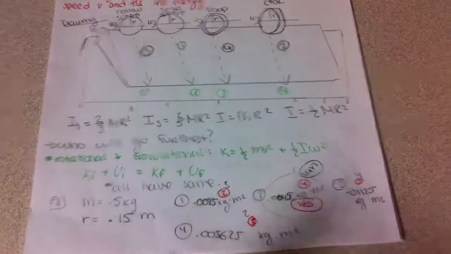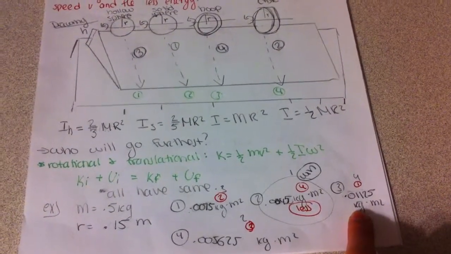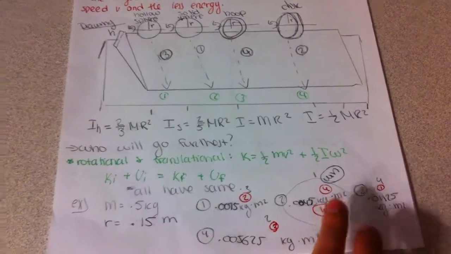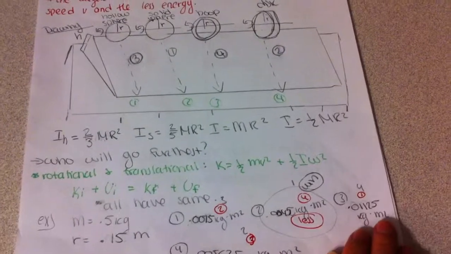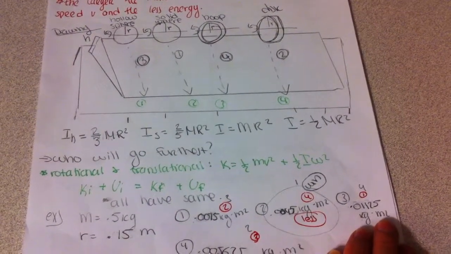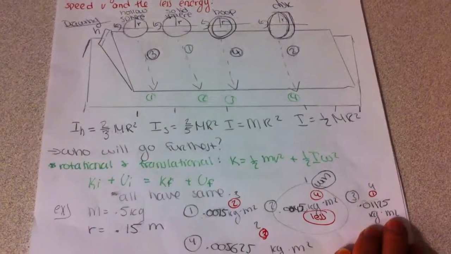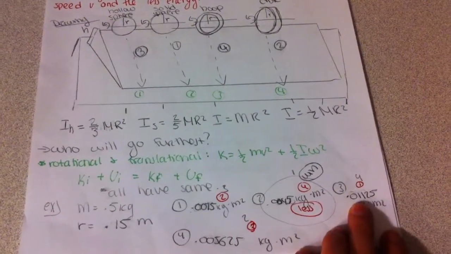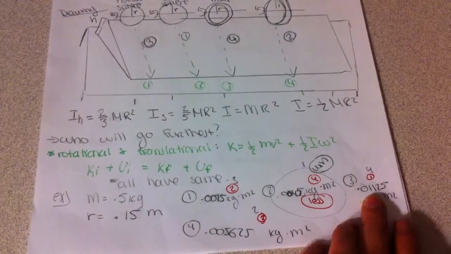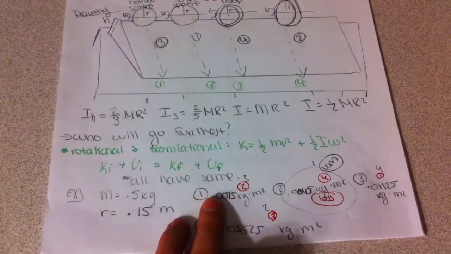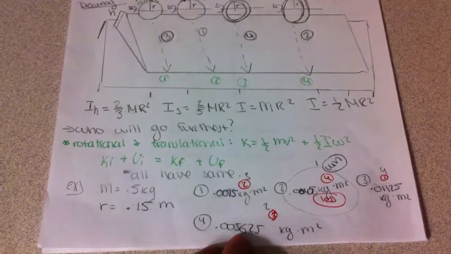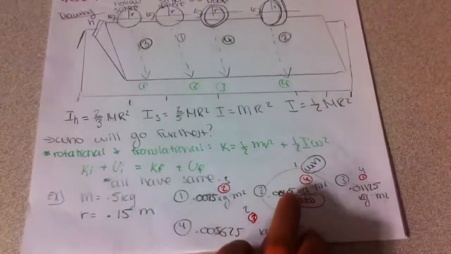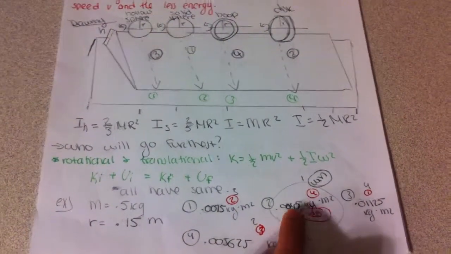The one with the largest inertia is going to be this one. The second largest is this one, 0.0075. The third largest is 0.0056, and then 0.0045.